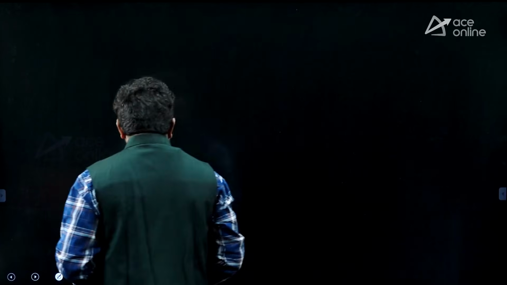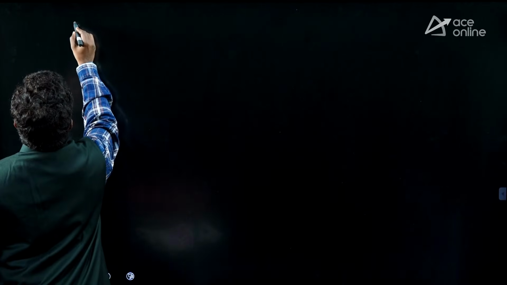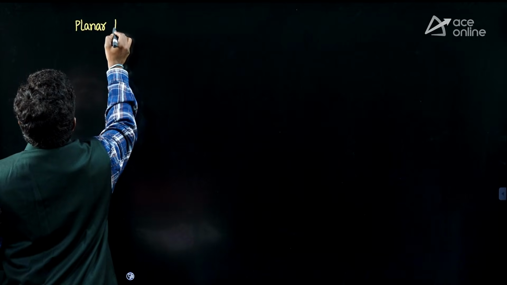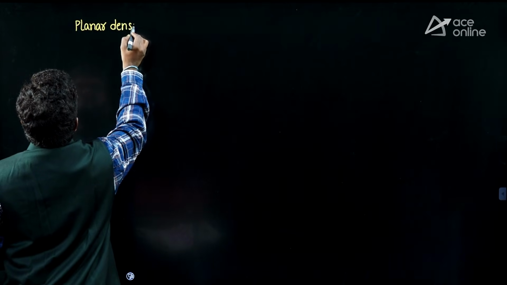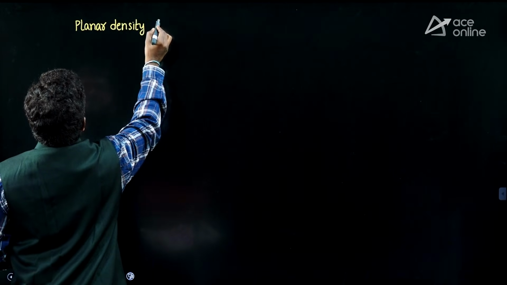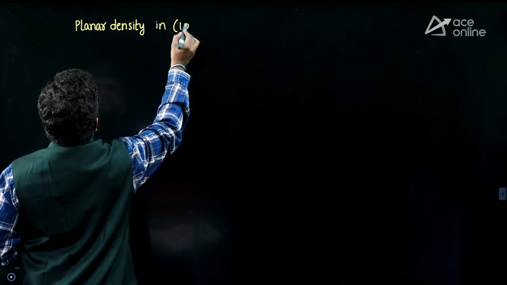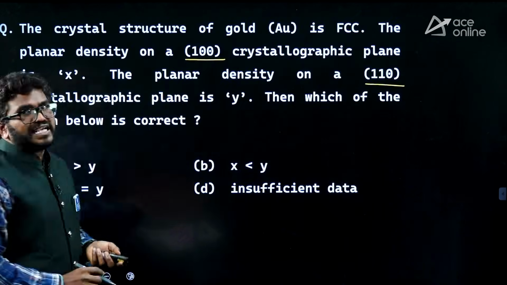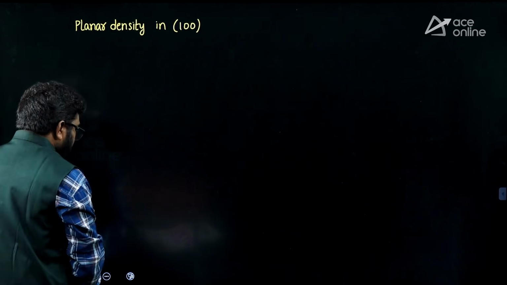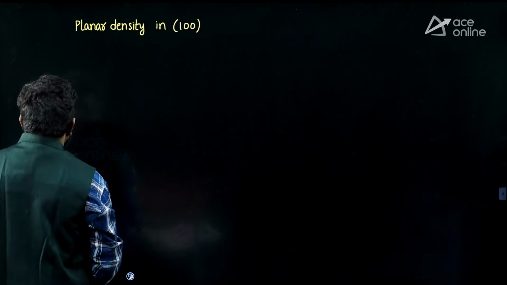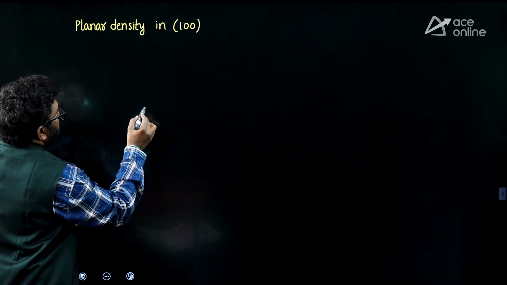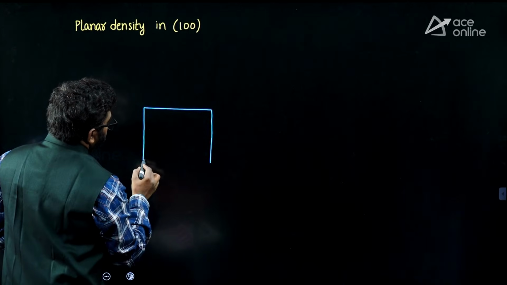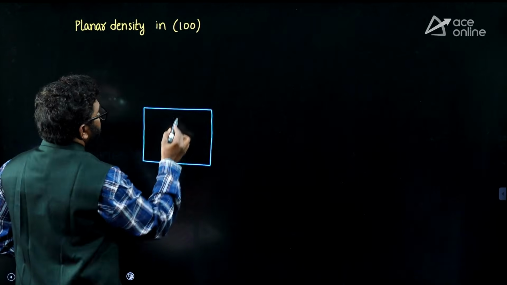Let us consider planar density in 100. Planar density in 100 is X. So let us consider first of all a face-centered cubic structure.